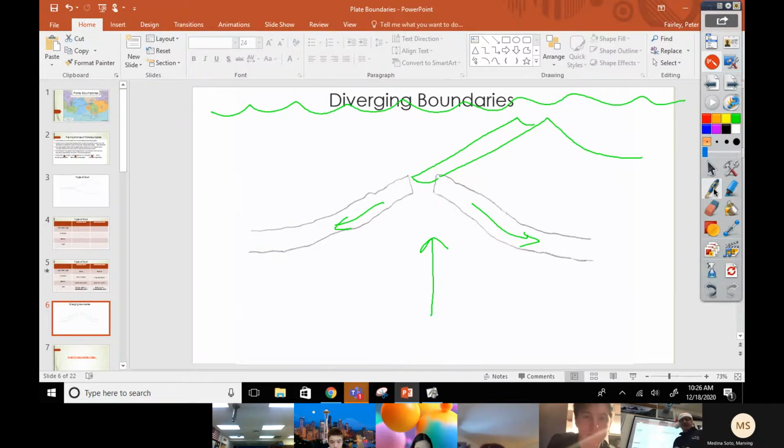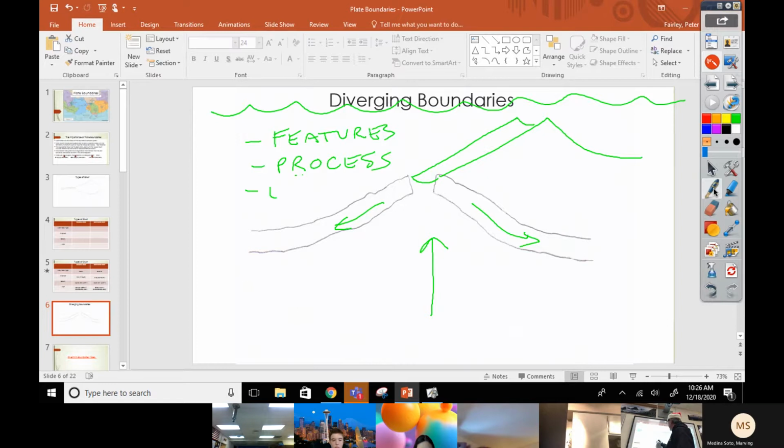Now, for each of these boundaries, I also wanted you to write down 3 things about them. I wanted you to write down features that are found there. So for this one, it would have been the mid-ocean ridge and the Rift Valley. I wanted you to write down processes that occur there. In this case, it was seafloor spreading, where the seafloor grows bigger and bigger as it spreads apart.